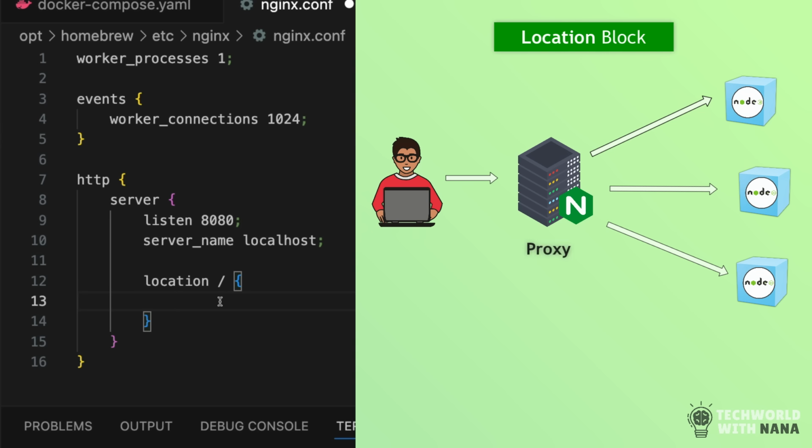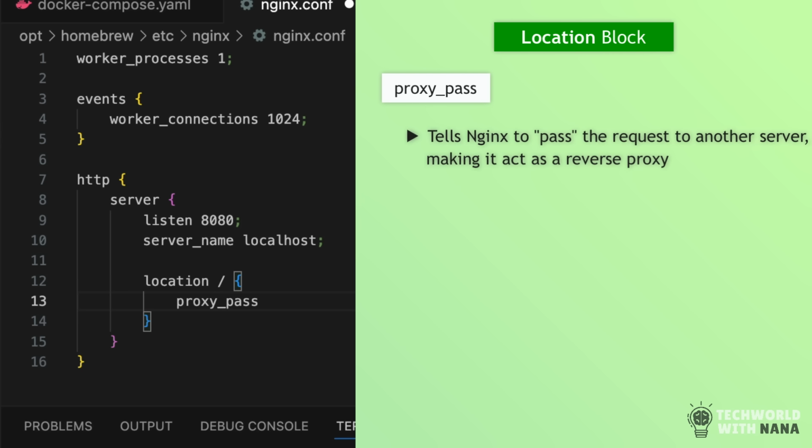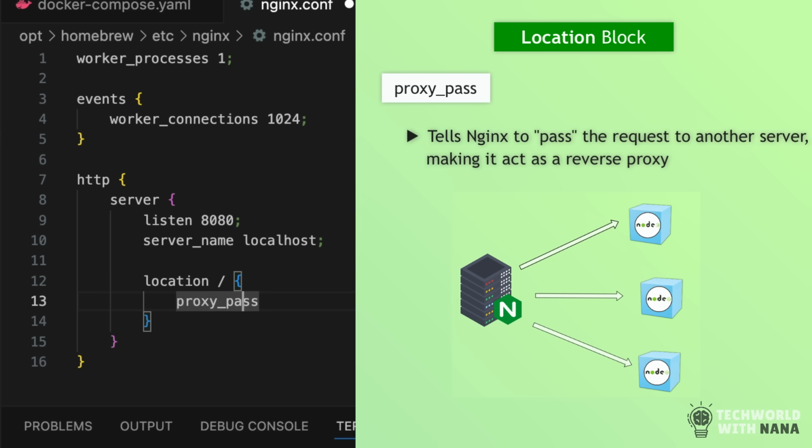And that means we're going to tell Nginx to pass or forward the requests to those backends. And the configuration for that is proxy pass. So we are explicitly configuring our Nginx to be a proxy server, and we're telling it to send or pass the traffic to the Node.js applications.